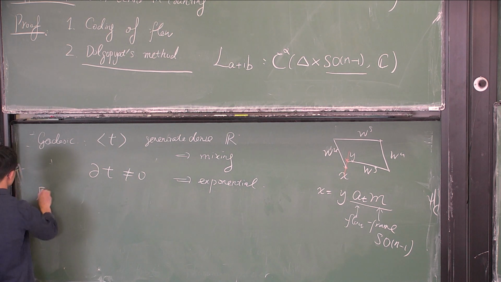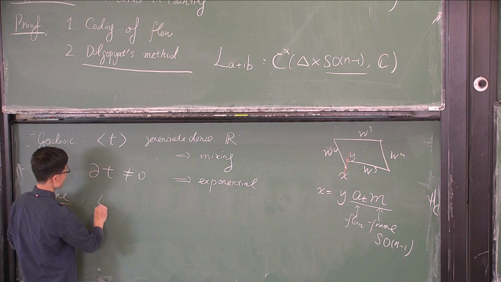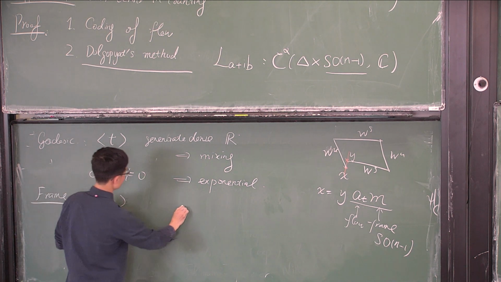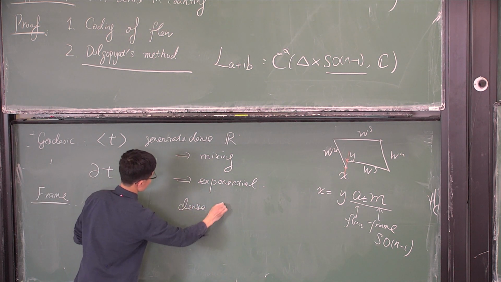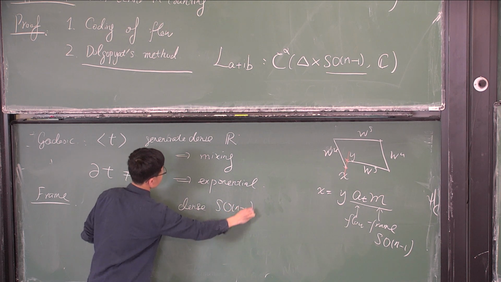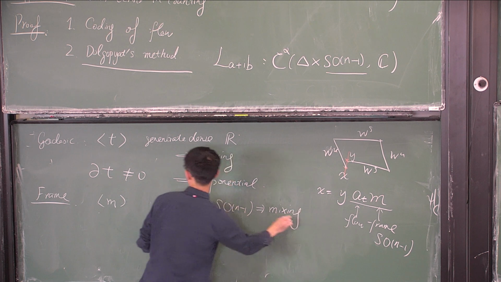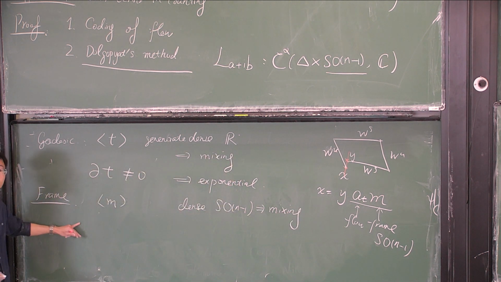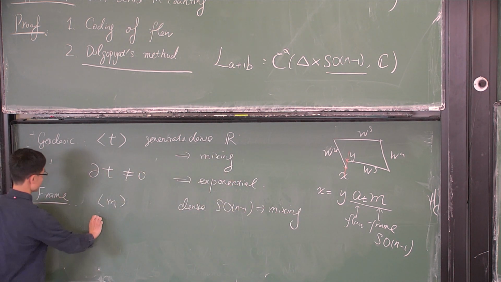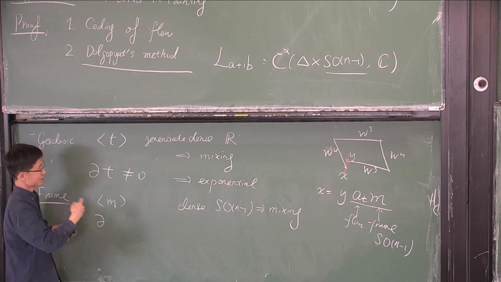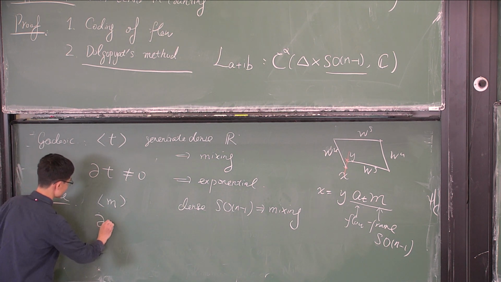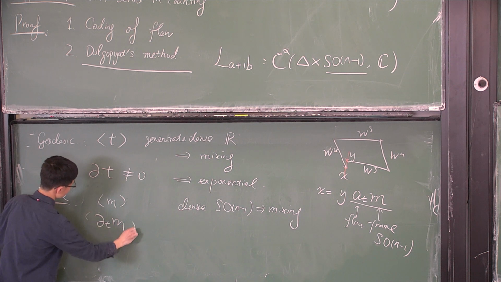Then for the frame case, you need something more. Like for the frame case, with this m part, they can be dense in SO(n-1). Then you can get mixing. But then what about the exponential mixing case? So you still need to take some sort of derivative on the m part.